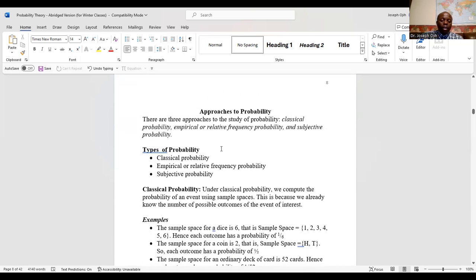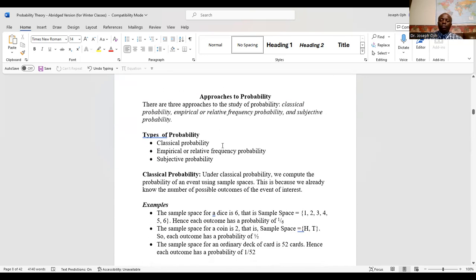At this point, we can now look at the approaches to probability. We have 3 of them: classical approach, or classical probability; empirical approach, or empirical probability, which we sometimes call relative frequency probability; then the subjective approach. The ones we normally use in statistics are the classical and empirical.